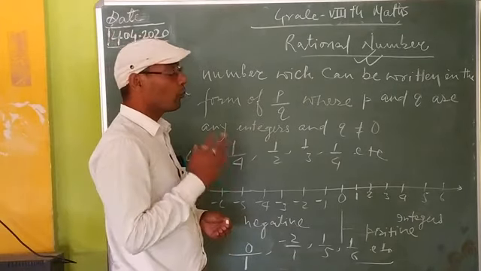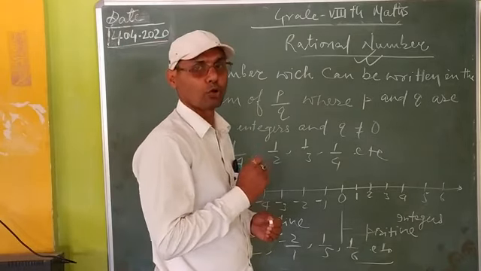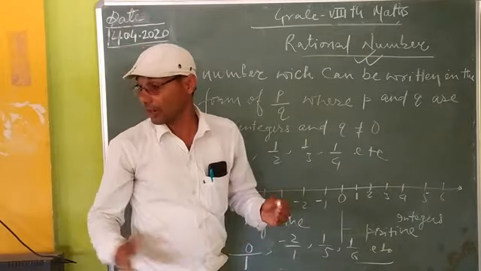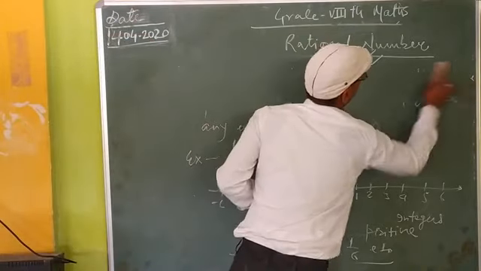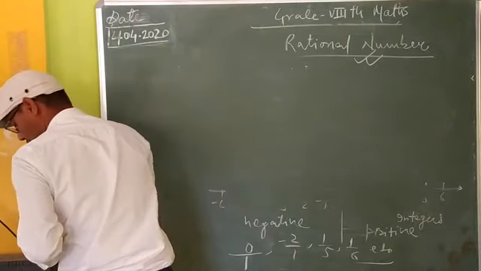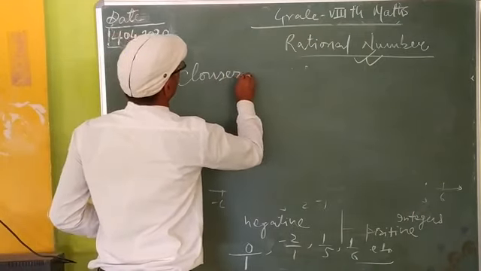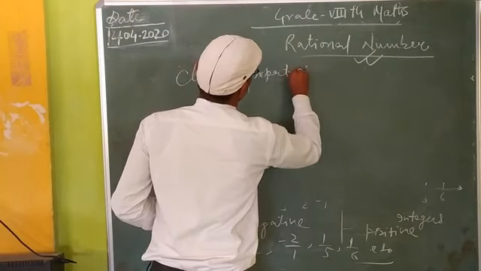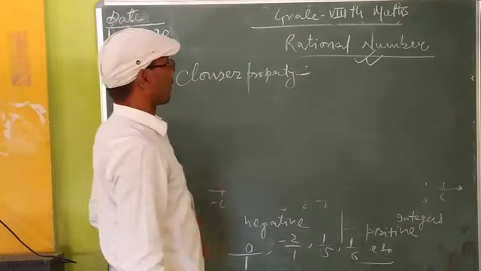Okay, we will move ahead to the properties. First is the closure property.